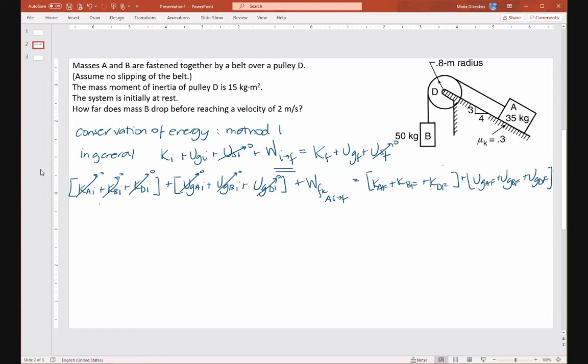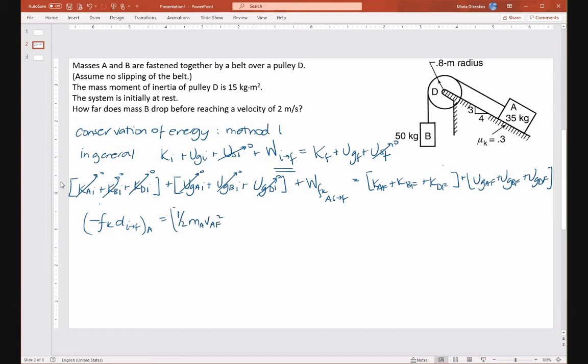Work done by friction. The formula is always minus Fk, the distance traveled by the thing that is experiencing friction. So the distance from initial to final position. And this is basically for block A because block A is the only one that is experiencing friction. So I'll put A here just as a reminder. Now the kinetic energy final of block A is going to have the form 1/2 mA vAf squared.